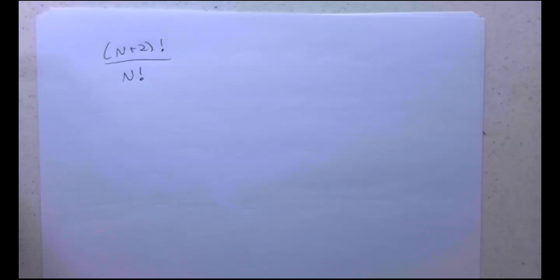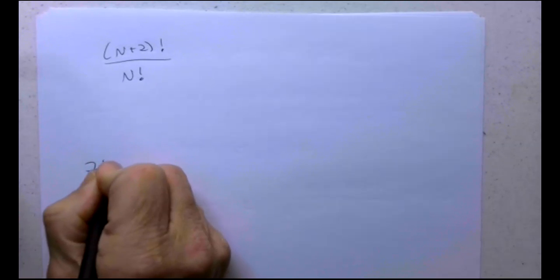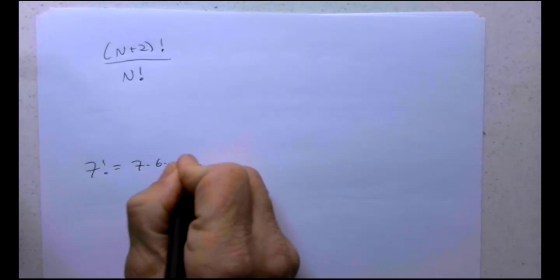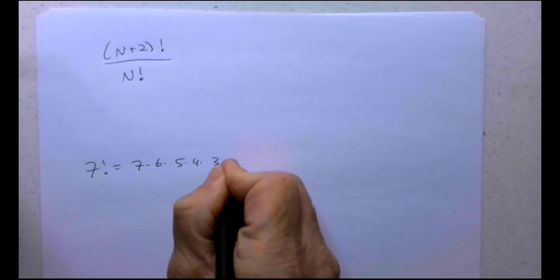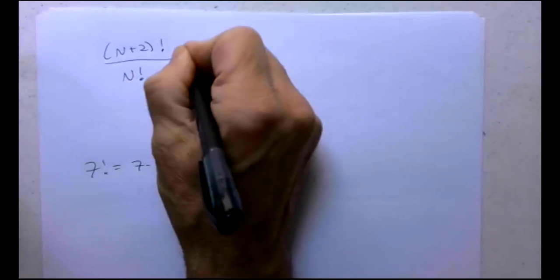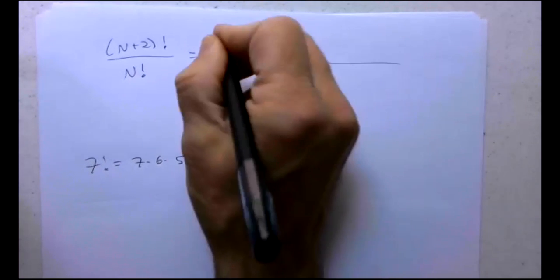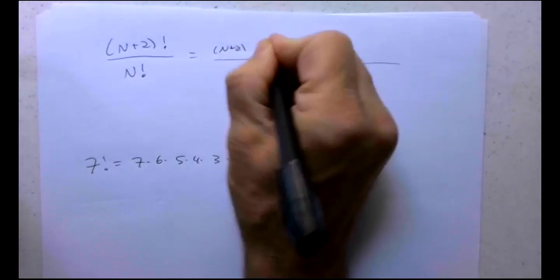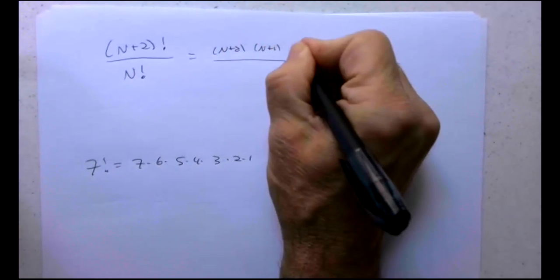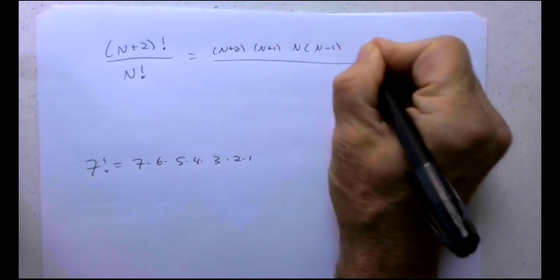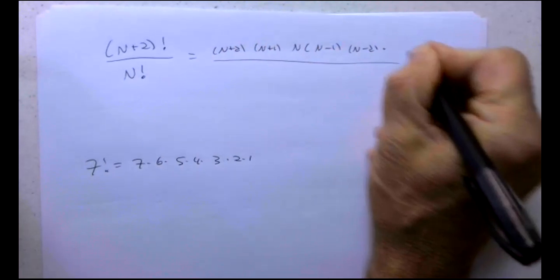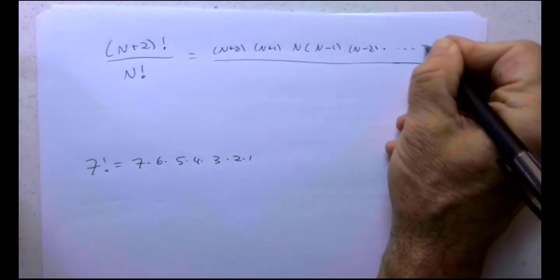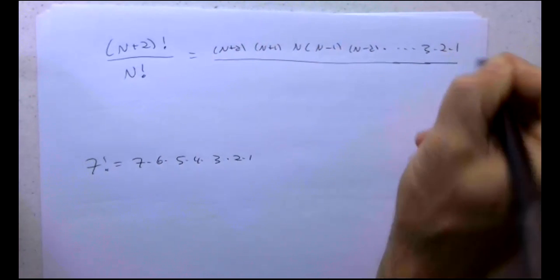Let's just remind ourselves, 7 factorial means 7 times 6 times 5 times 4, it goes all the way down, 3, 2, 1. So n plus 2 factorial, I've got to drop it by 1 each time. N plus 2, n plus 1, n, n minus 1, n minus 2, dot, dot, dot, 3, 2, 1.